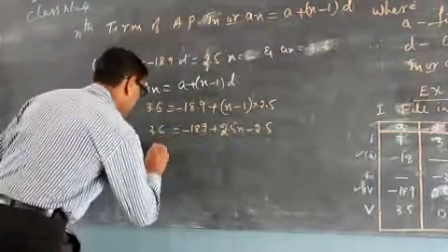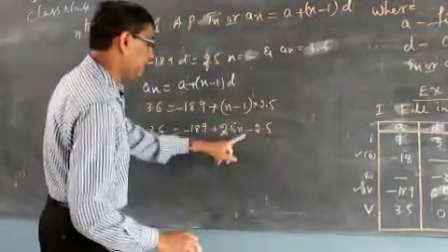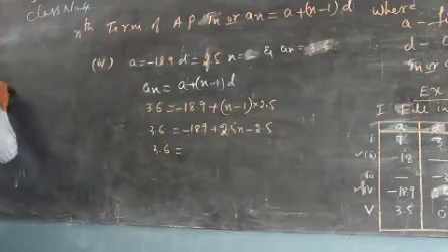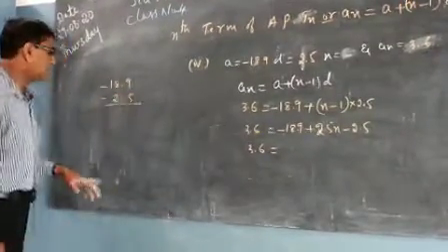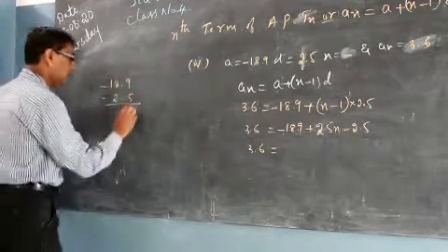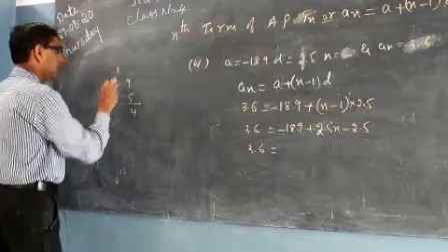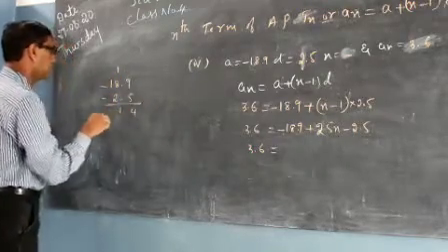What we have to do, both are minus, 18.9 minus 2.5, add these two. Why do we have to add, children? Because both are having same sign. So 9 plus 5, 14. Carry 1. 8 plus 1, 9. 9 plus 2, 11.